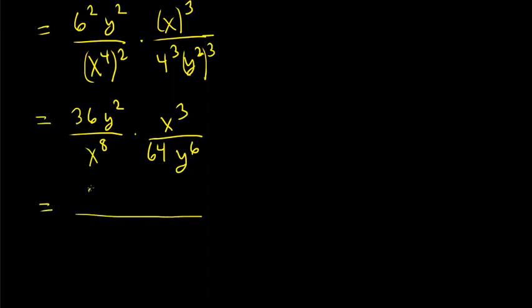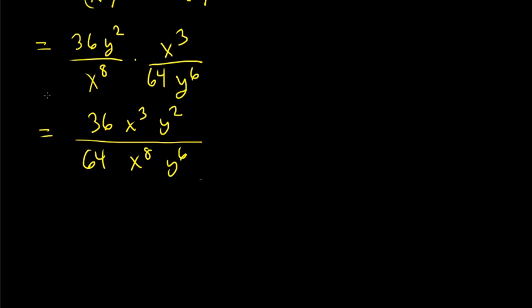So, in the numerator, we just have 36 x cubed y squared. In the denominator, we have 64 x to the 8 y to the 6. Okay, so 36 over 64. What can we do with that? Well, right, so 36 is going to be, well, I guess we could do 6 times 6, but we can also do 9 times 4.